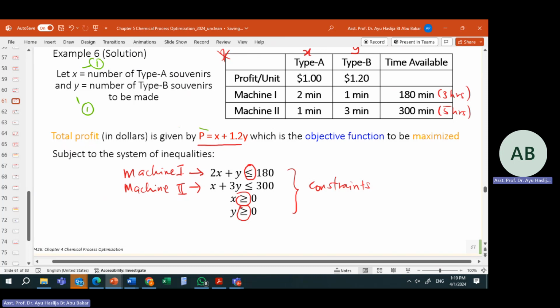Correct objective function equation, 1 mark. Correct constraint is either 1 or half mark. Okay, you have marks over here, max is 1. So that's why it is important for you to identify what your variables and the objective function are, plus the constraints.